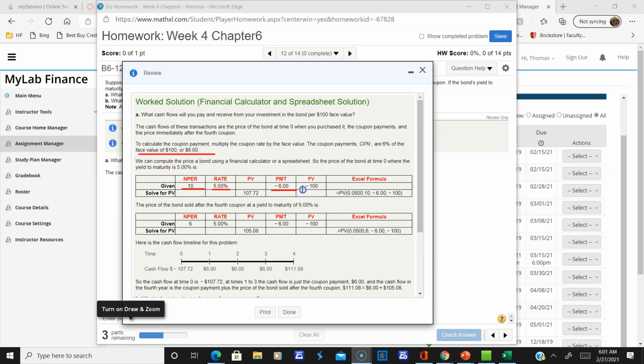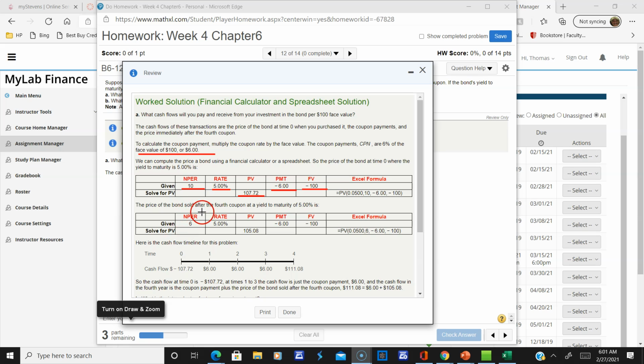And when it matures, you'll get $100. Now, I don't know, there might be a problem here. They made both of these negative, so in Excel, maybe I'll try it and see what happens. Anyway, this is the present value they calculate.